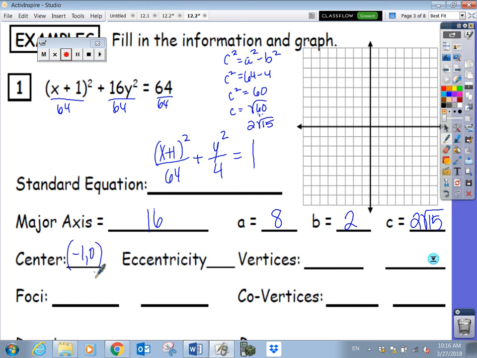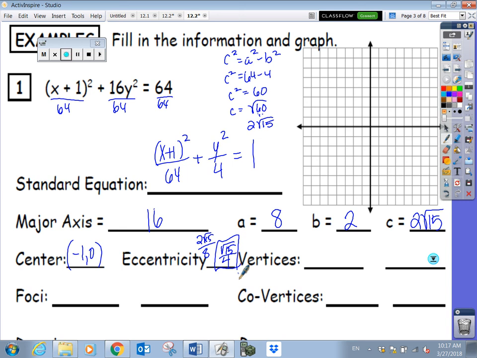And we can actually find the eccentricity also at C over A. So 2 root 15 over 8 can be simplified to root 15 over 4. Always simplify completely. 2 root 15 over 8 isn't wrong, but it's not simplified. So you're going to get points taken off if it's not completely simplified.